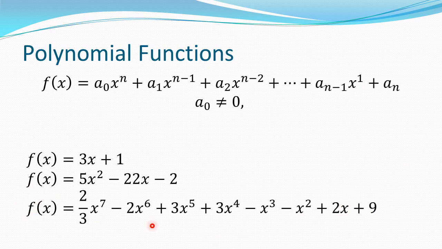You may also encounter questions asking for the degree of the function. To know the degree, you just look at the highest exponent. Here, the highest exponent is 1, so the degree of this function is 1. The degree of this function is 2 because that's the highest. The degree of this function is 7 because that's the highest.